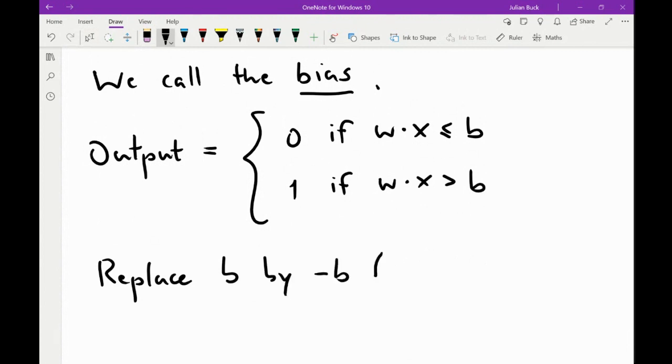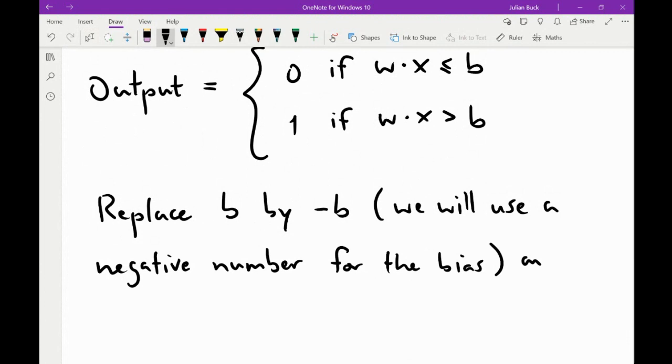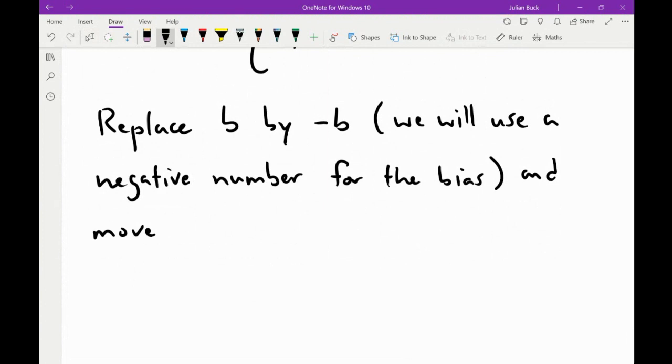Replace b by negative b, and so the idea is we will use a negative number for the bias, and then move everything to the left-hand side.